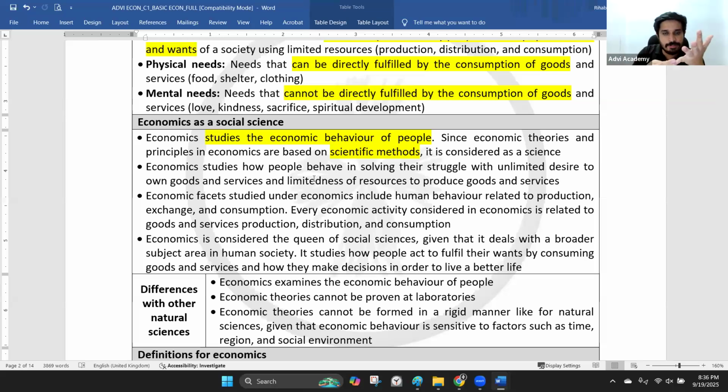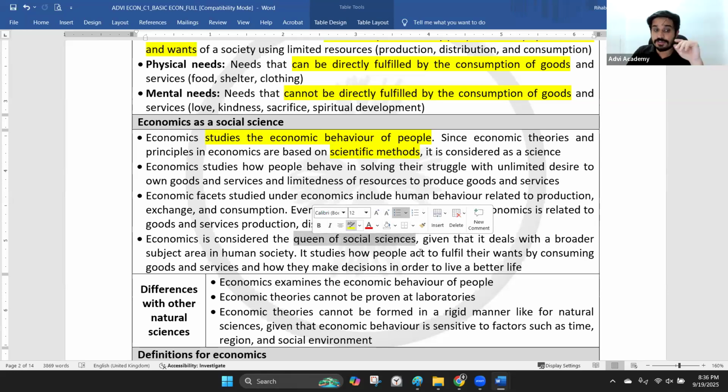There's something called law of demand, something called law of supply. These are all very logical. If you're a logical person, you will understand economics easily, right? Because these are common sense things, basically. So because we are using scientific methods, it is called a science. But it's a social science because it actually studies about people.